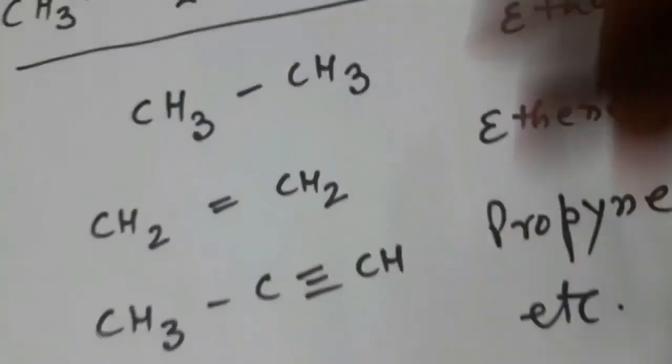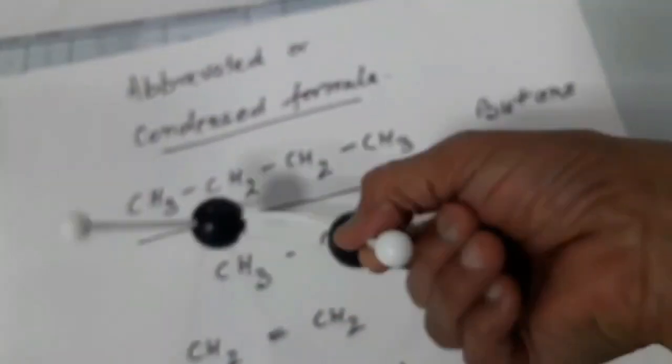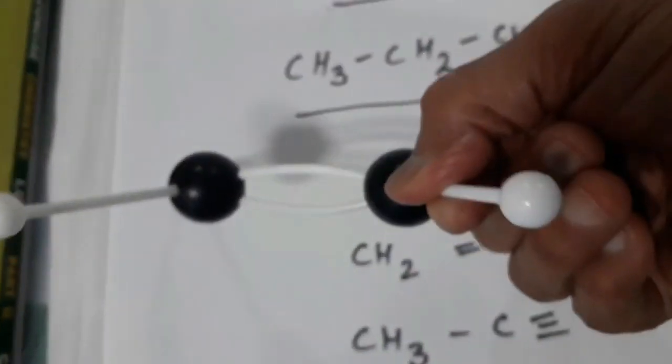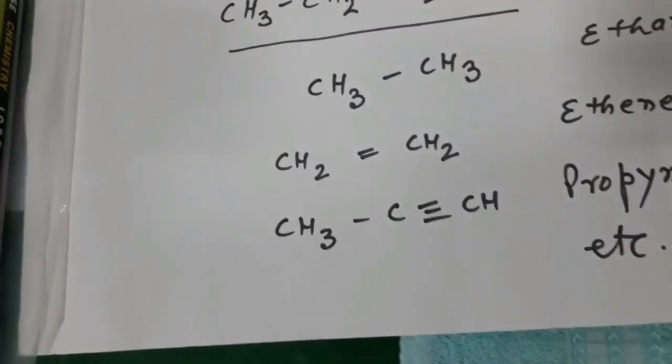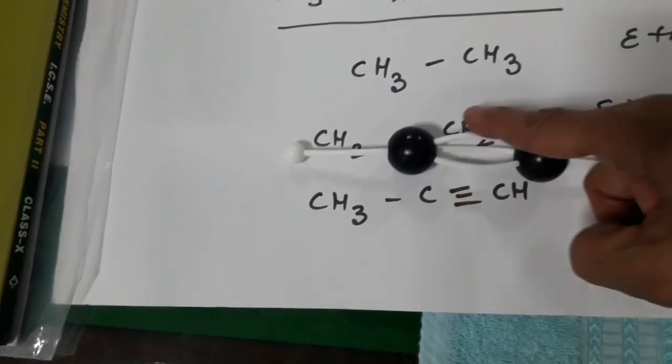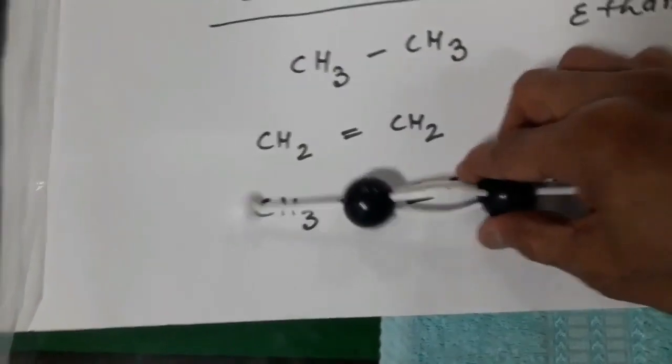There is a double bond between carbon and carbon, ethene. Then this is propyne, 3 carbon. This is ethyne, 2 carbon, with a triple bond. So this is how abbreviated and condensed formulas are written.